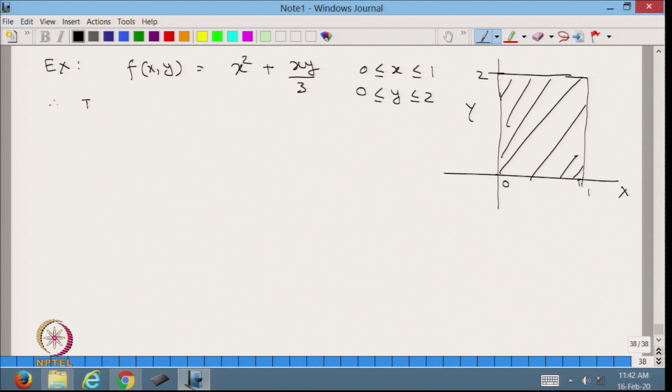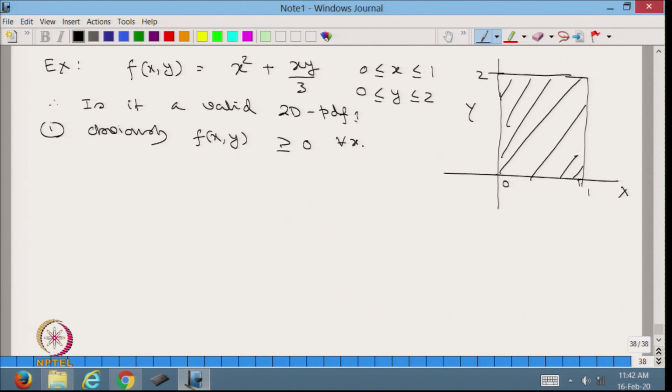Therefore, is it a valid two-dimensional PDF? Obviously, f(x, y) is greater than or equal to 0 for all (x, y) belonging to this omega.